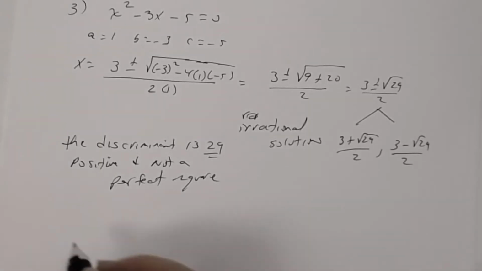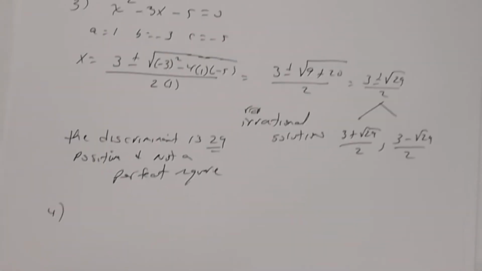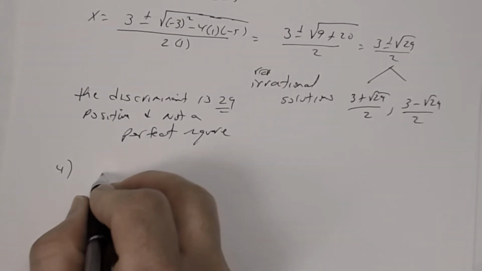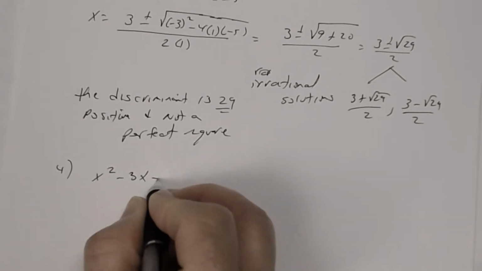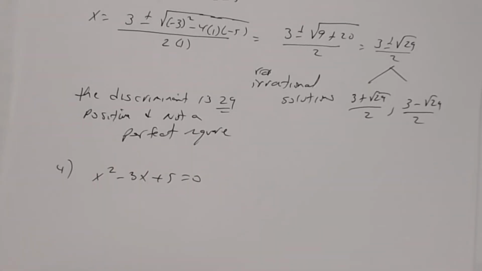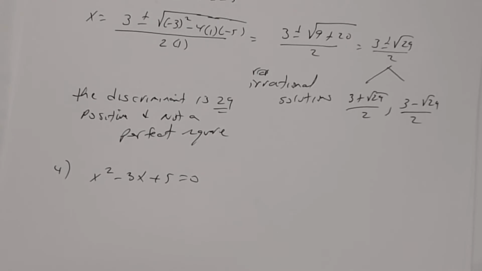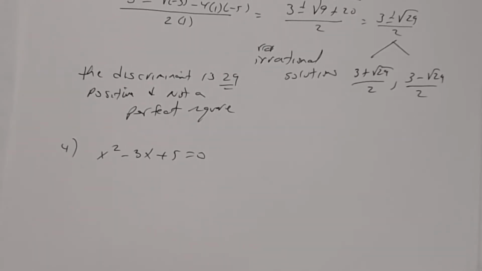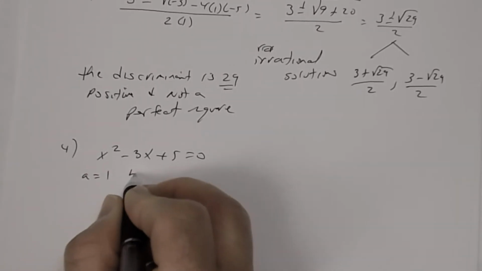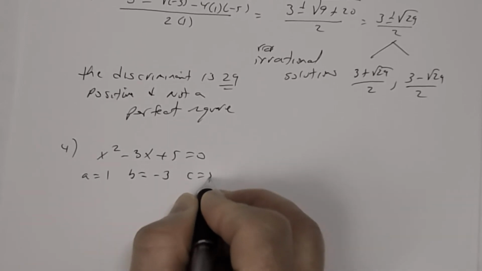All right, suppose we had number 4. So number 4, let's suppose we had x squared minus 3x plus 5 equals 0. So a is 1, b is negative 3, c is 5.